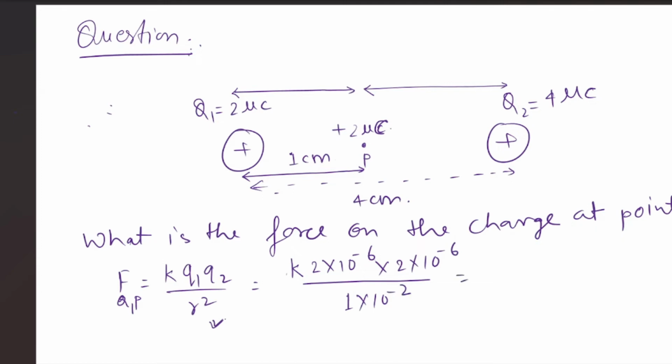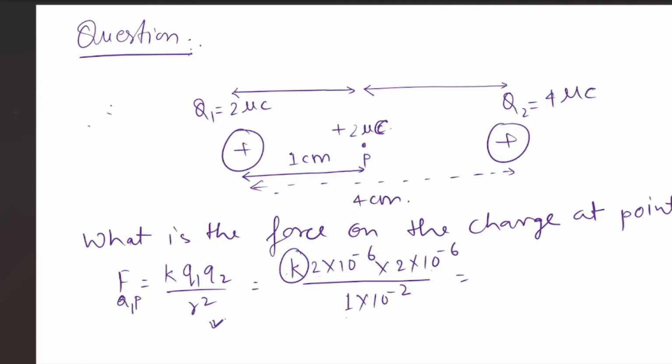The next step is substituting the value of K here. If you calculate these, 2 into 2 is 4, and 10 power minus 6 into 10 power minus 6 will give you 10 power minus 12, and this is divided by 1, which will not cancel anything.